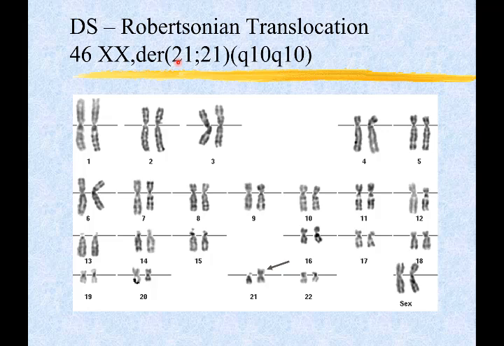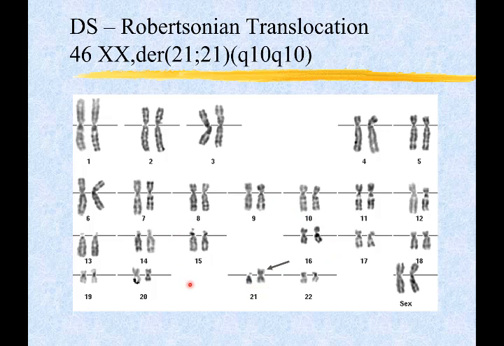The Down syndrome Robertsonian translocation is shown here in the fetus, where two chromosome 21 are connected like this, plus. One gamete, either ovum or sperm, will have the Robertsonian translocation, and the other gamete will have the extra chromosome 21, which results in Down syndrome.